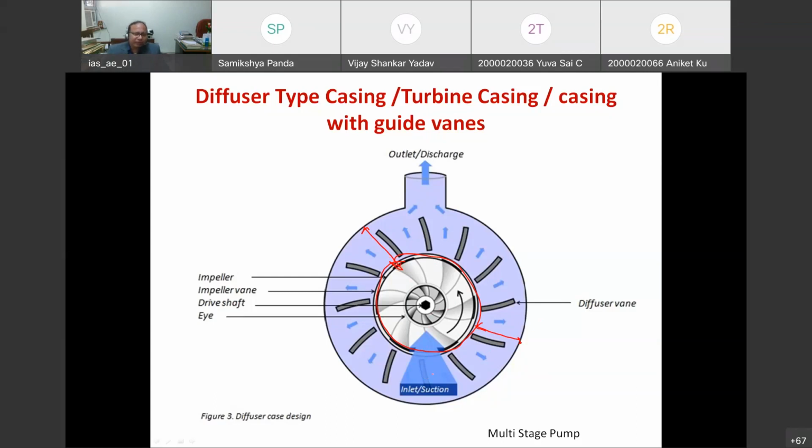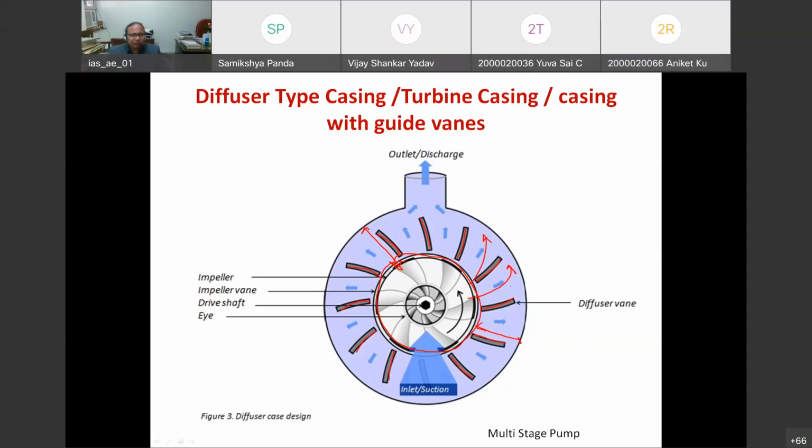So if it is going to the outside, there are these diffuser vanes. These black vanes are made in the casing of the centrifugal pump. So these vanes in the casing guide the water which is coming out of the impeller. Through the guidance of these diffuser vanes, this water is going to the periphery.